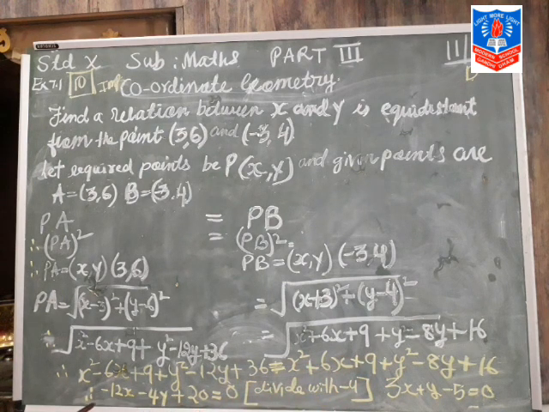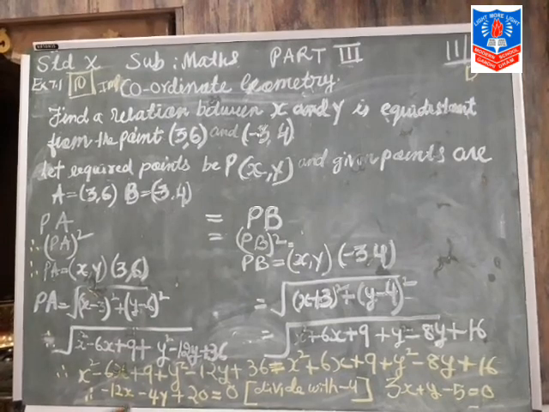So directly you will get minus 12x minus 4y plus 20 equals 0. Divide by minus 4, so you will get 3x plus y minus 5 equals 0. So you can say thus 3x plus y minus 5 equals 0 is the required relation between x and y.